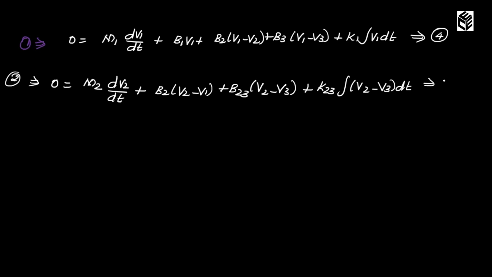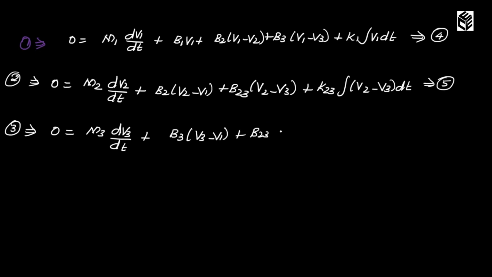I am taking this as equation number 5. Similarly, my third equation becomes 0 is equal to m3 into dv3 by dt plus next is b3, so b3 into (v3 minus v1) plus b23 into (v3 minus v2) plus k23 into integral of (v3 minus v2) dt. I am taking this as equation number 6.